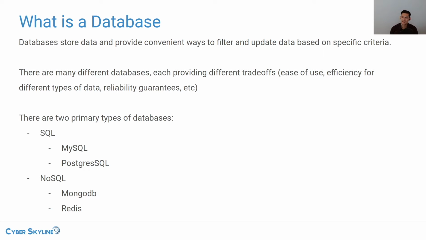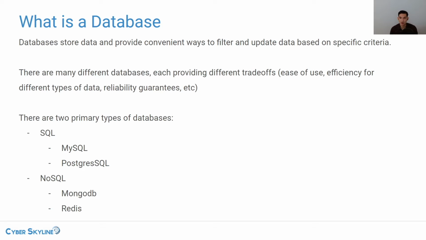Now there are different databases and each database offers different trade-offs. Some are easier to use in terms of, as a developer, how easy is it for you to write a command to make a modification to the database? What about the efficiency? Maybe you have a database which is much faster than another at storing very specific data.